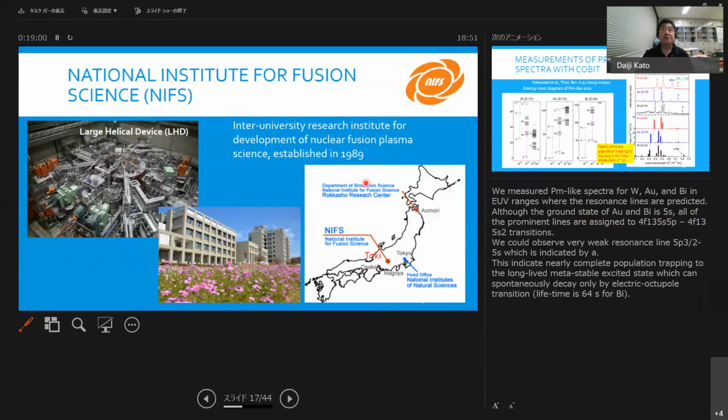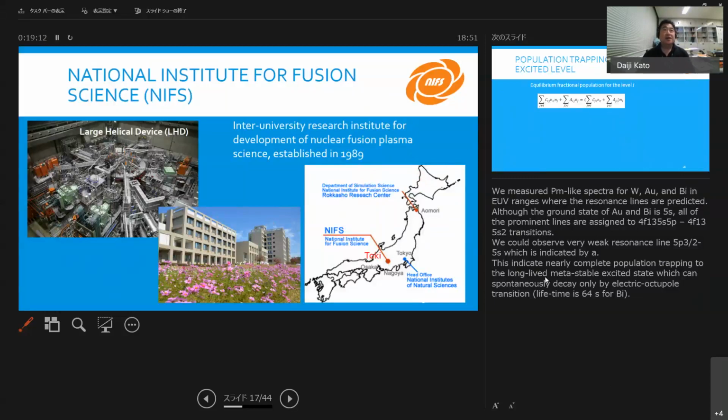It's not the resonance line. The resonance line is always very weak, as you can see here. So this indicates nearly complete population trapping in the long-lived metastable states of 4f13 5s2, which can decay only by the electric octupole transition. The lifetime is about 60 seconds for bismuth.